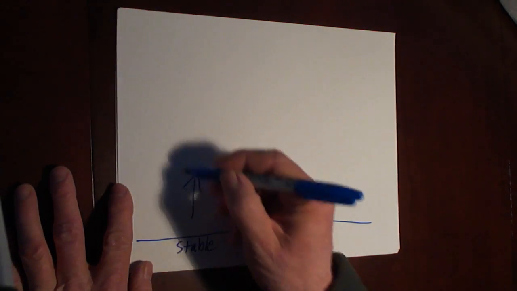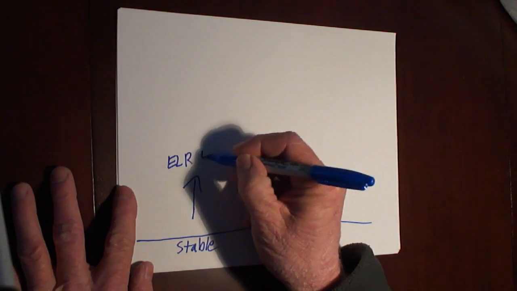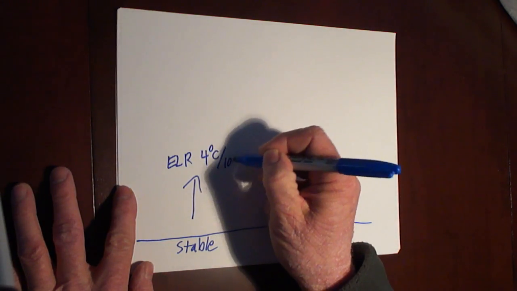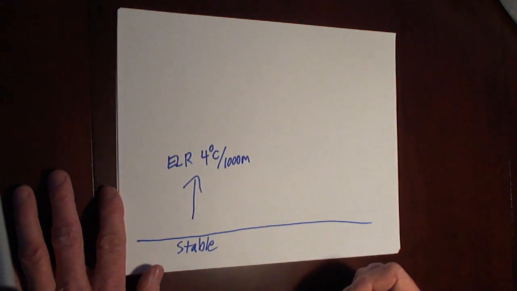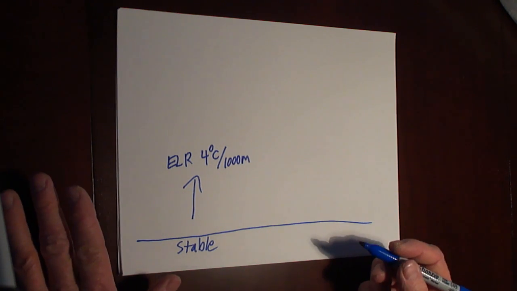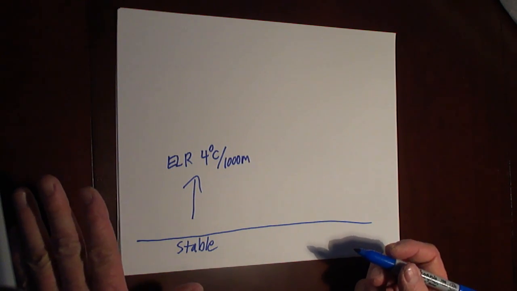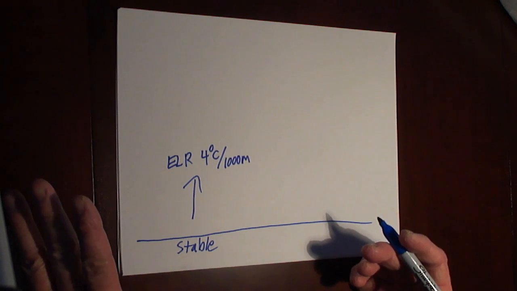So with stable air, you might have an environmental lapse rate, ELR, of 4 degrees Celsius for every 1,000 meters. For average, as I said, 6.5 or thereabouts is about average. So average might be 6 or 7, something like that.